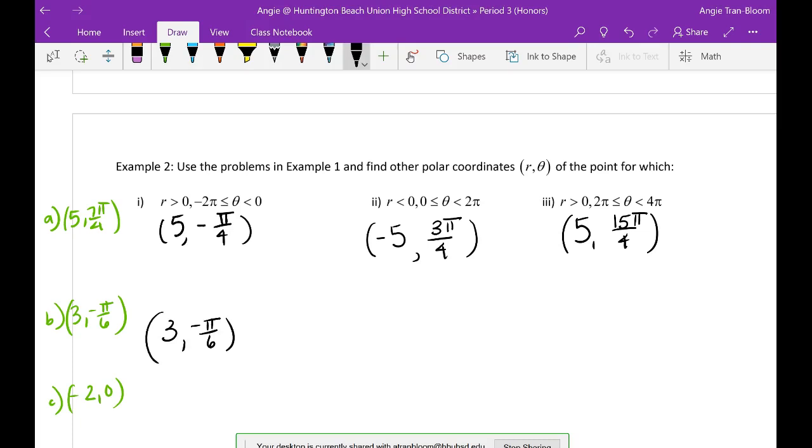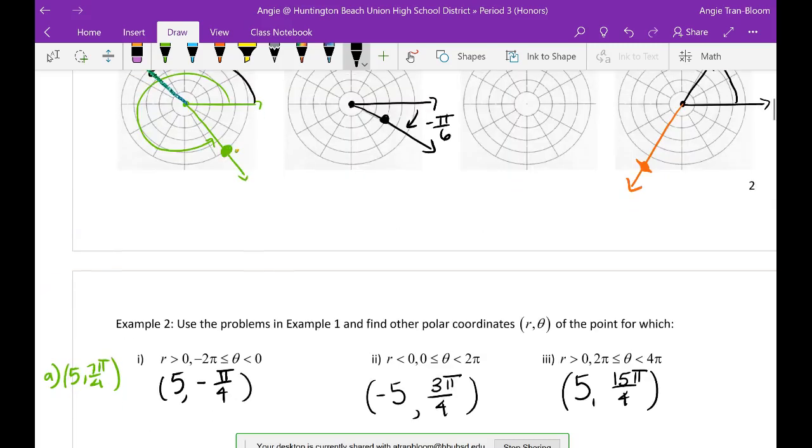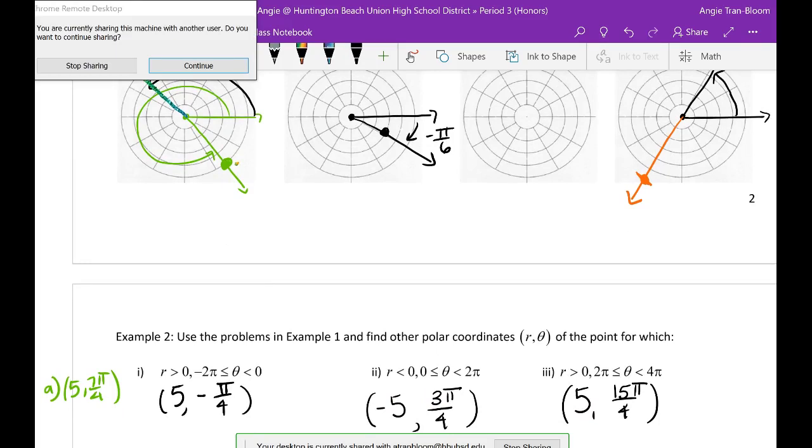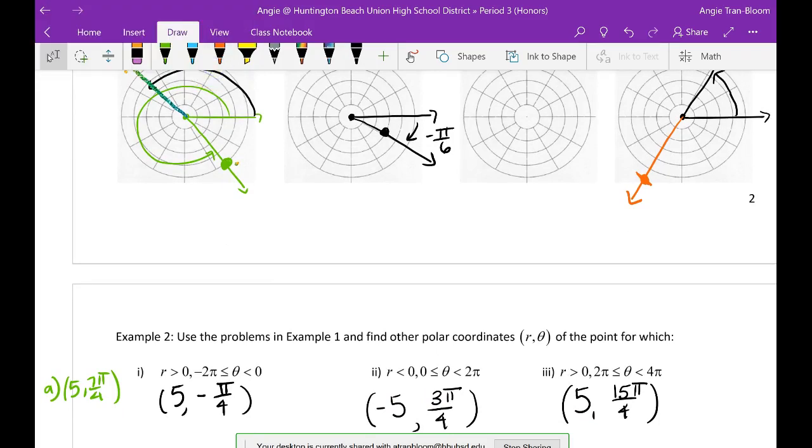Now 2i says I want radius now to be negative, angle to be positive. Does it meet my requirement? No. So let's go back to my drawing. I want a positive, what? Radius. I'm sorry, positive angle. Yep, negative. How do I get there?